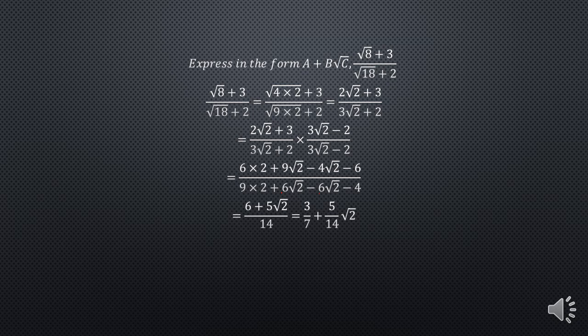Then here we have 12 minus 6, like terms, so 12 minus 6, then 9 root 2 minus 4 root 2, so 6 plus 5 root 2. Then we simplify it to get 3 out of 7 plus 5 out of 14 root 2.